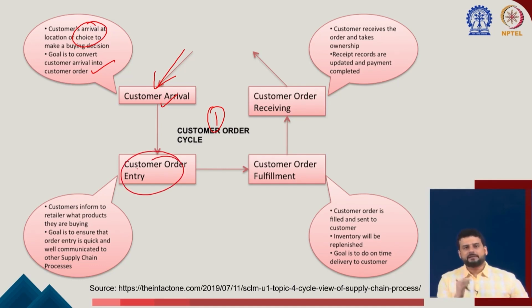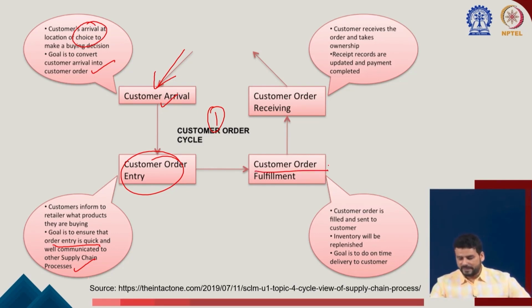So after that you will be recording the order, what is the order, right? And then the goal here is the quick entry of the order, and then will be communicated to other supply chain as well, that you have received order from the customer, so that the manufacturing players, all the raw material suppliers will get that intimation that how quickly we are consuming the product.